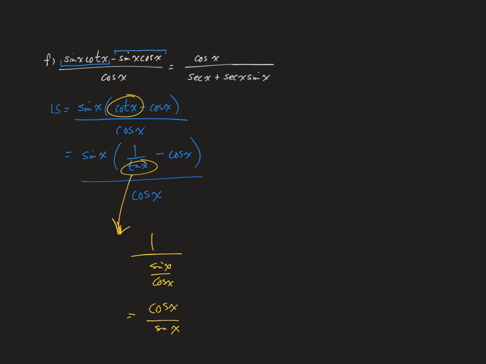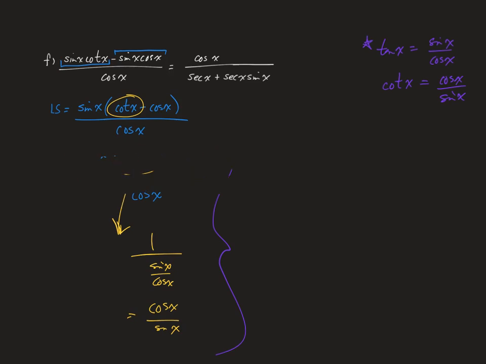If we take a look up in the top right corner, tan x is equal to sine x over cos x with the quotient identity. Then its reciprocal ratio has to be the reciprocal of the quotient identity, cos x over sine x. And so rather than going through this whole process, let's get rid of all of that and save all of that work.